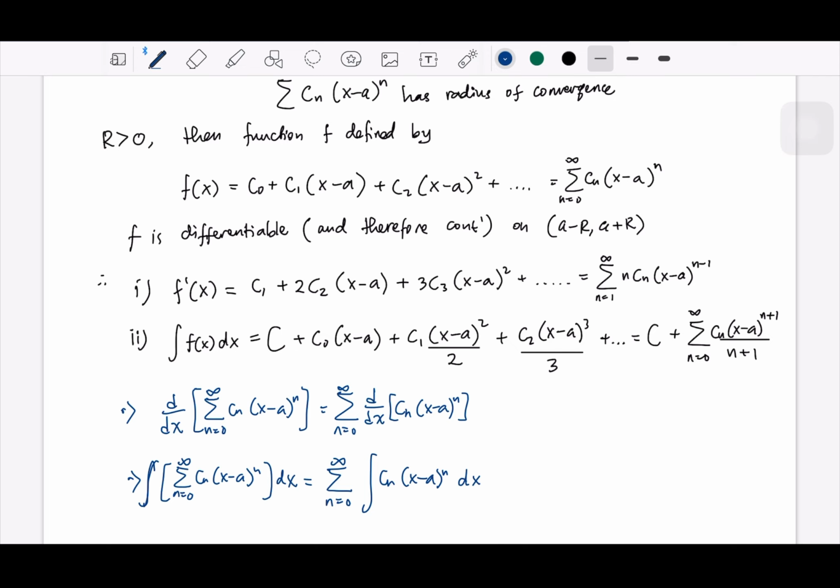But regardless of what we have here, the basic idea for the representation of functions is still the same. We are using 1 over 1 minus x. This differentiation and integration will be related to how we can modify 1 over 1 minus x.